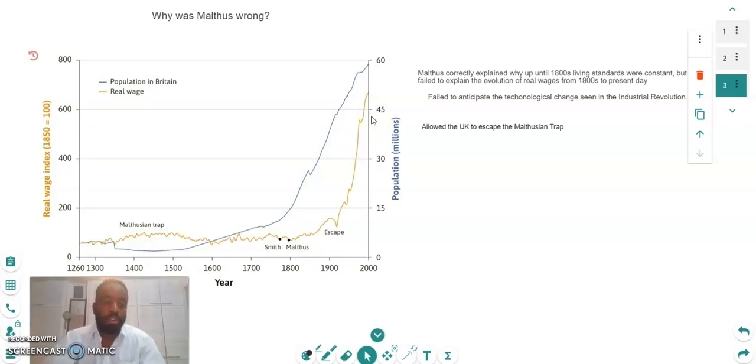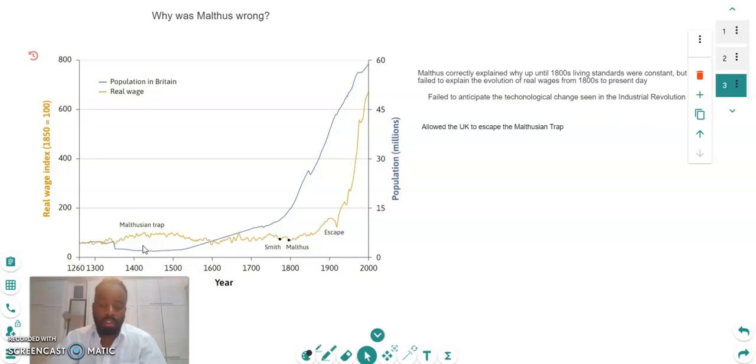So, why was Malthus so wrong? Well, Malthus was correct for his time, from the 1800s and before, and his theory does make a lot of sense. But he failed to anticipate how great the technological change in the Industrial Revolution was, which was ahead of his time.